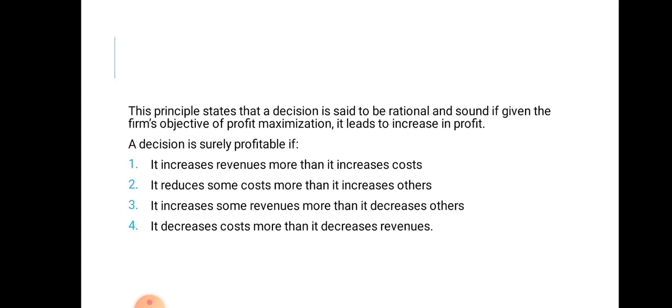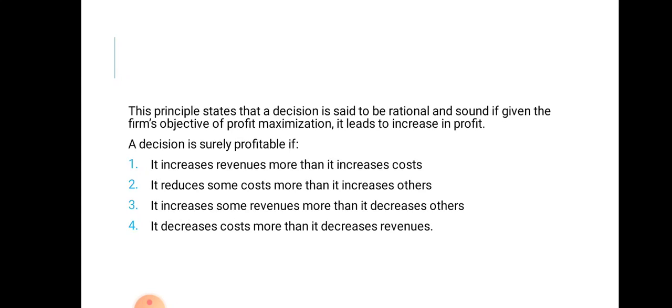So what does this principle say? This principle states that a decision is said to be rational and sound if, given the firm's objective of profit maximization, it leads to an increase in profit. According to this principle, the decision the firm takes will be treated as sound if the main objective of the firm is profit maximization and the decision taken leads to an increase in profit.